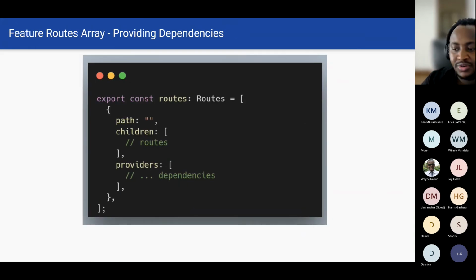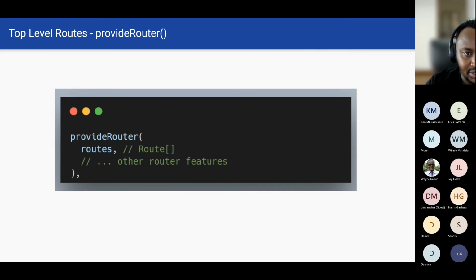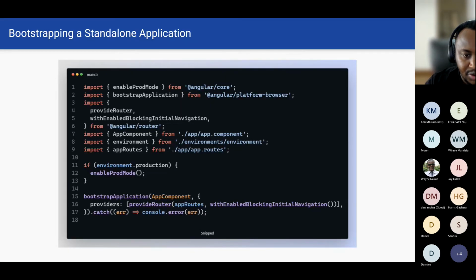The other thing, when you talk about components, is one advantage of using modules. A lot of people have always been reluctant to jump on the standalone component bandwagon, and that's about providing dependencies. So we have the providers array on your bootstrapping application, and this provides DI for the root component and its children.